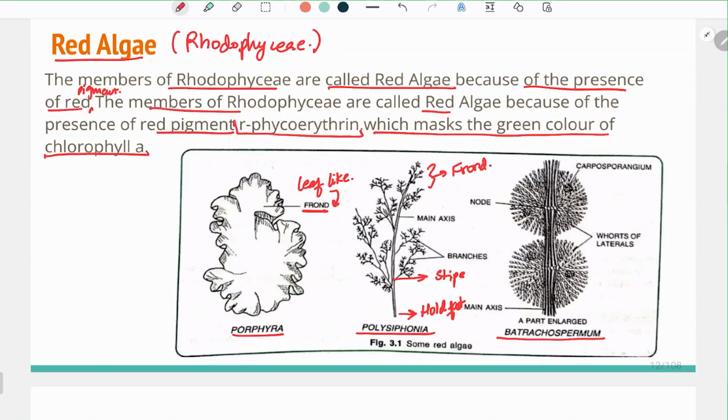Batrachospermum is seen as enlarged whorls with nodes. There are nodes present and whorls present. These are some common red algae.